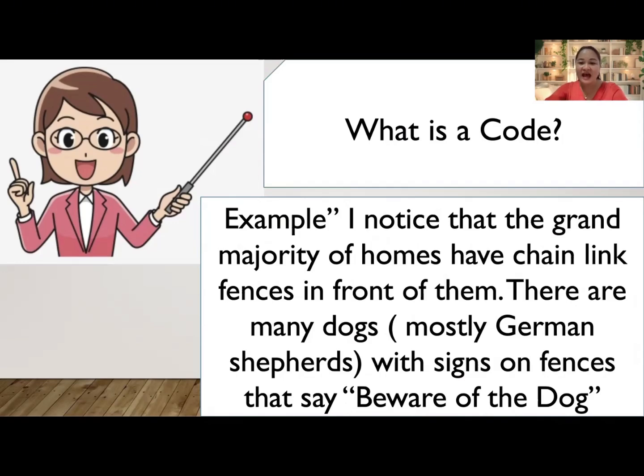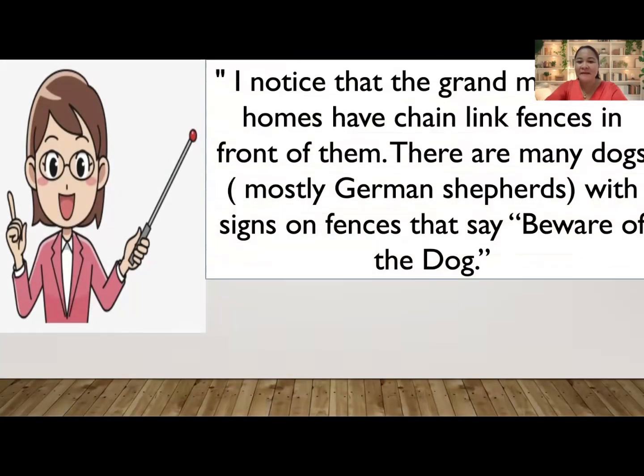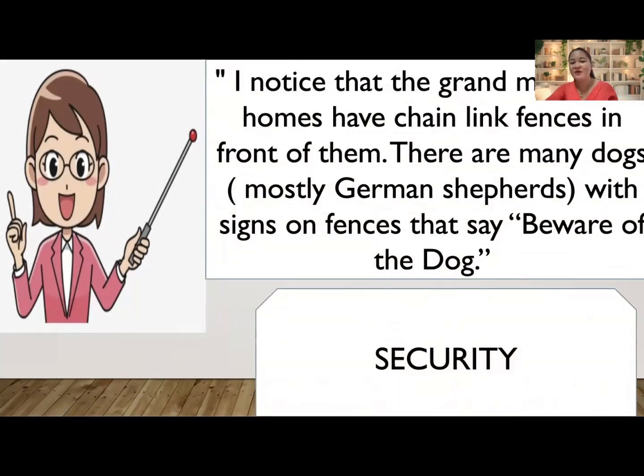So what's your code here? The code is security, since there are many dogs and they have the signage beware of dog. So the dogs are considered as a security guard.